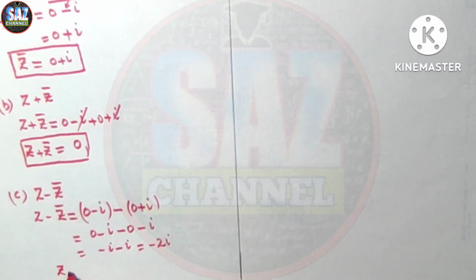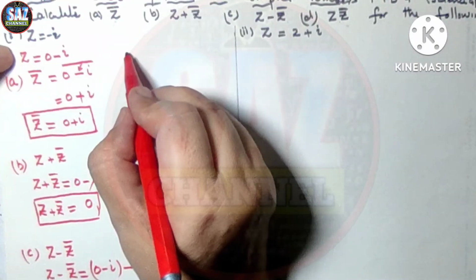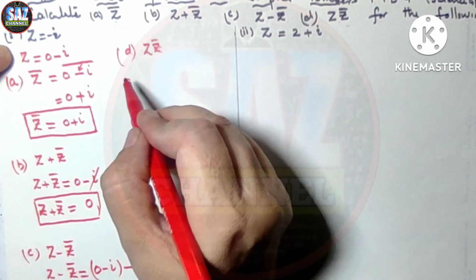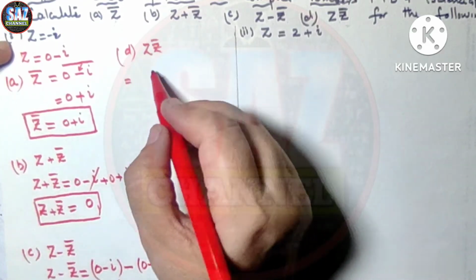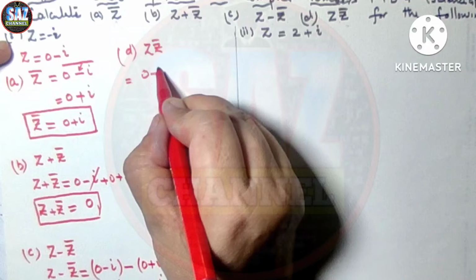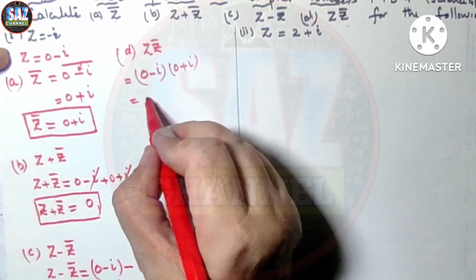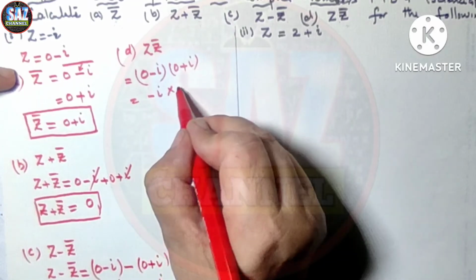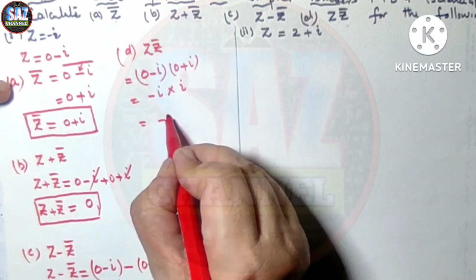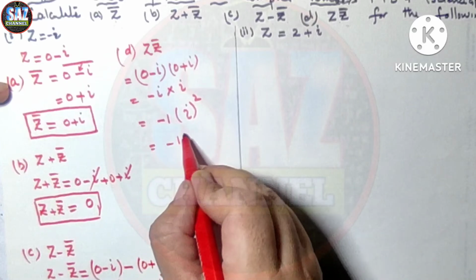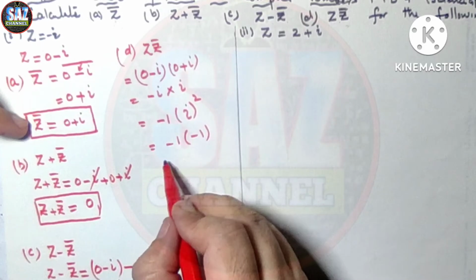So, z minus z bar is minus 2 iota. And moving to the last part of this question, z times z bar. Z times z bar is 0 minus iota times 0 plus iota. Now, look, 0 minus iota will give me minus iota multiplied by iota. This is minus 1 and iota square, again the famous result, minus 1 into minus 1, which is equal to positive 1.